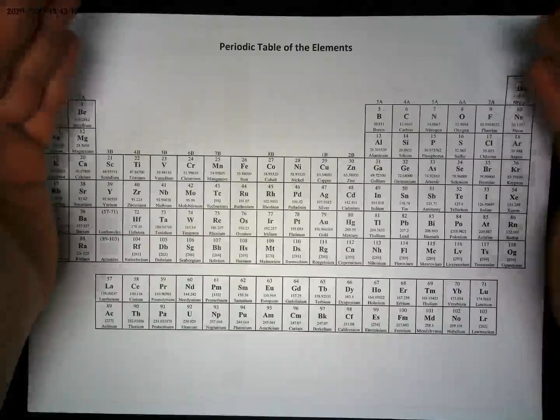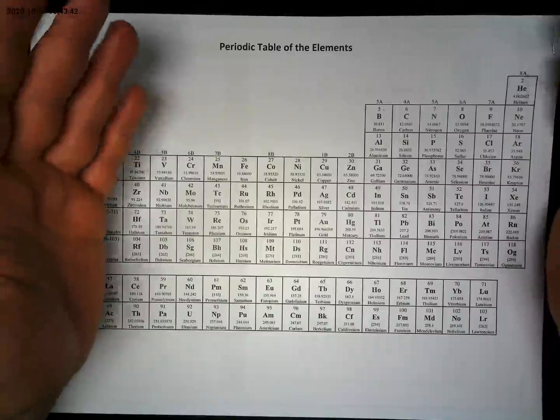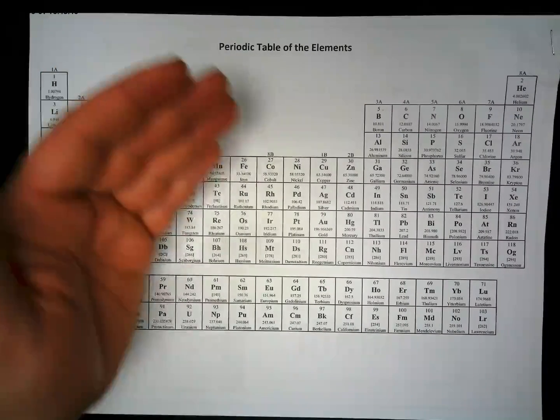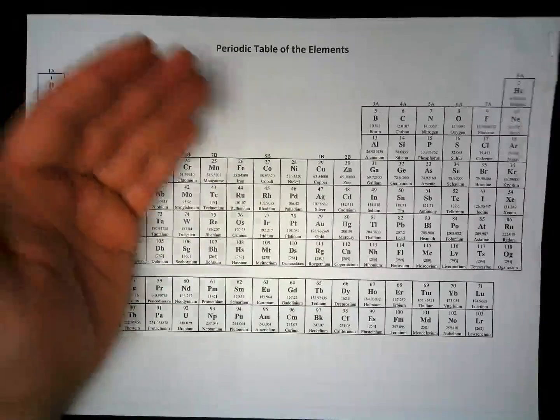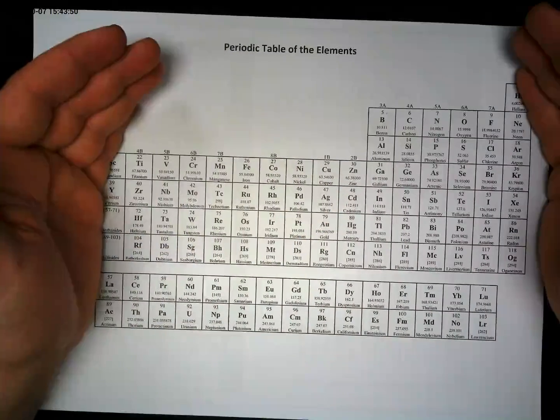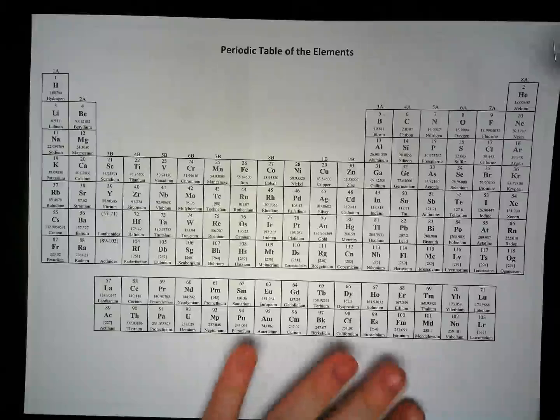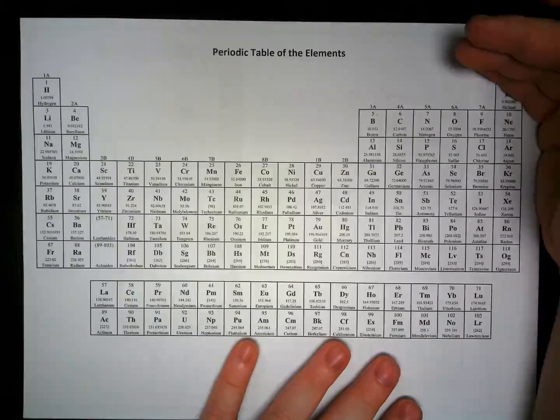Because they're at a neutral state, that tells us they have an equal balance between their electrons and their protons. So the number of protons must equal the number of electrons.